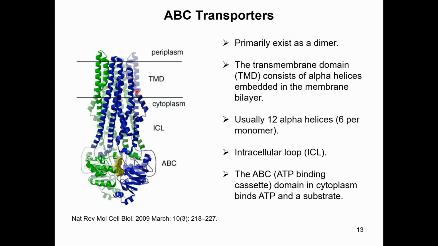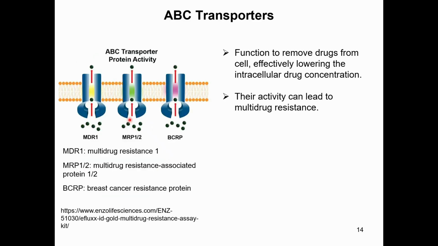They have transmembrane domains, and then a number of domains inside the cell, intracellular loops, and importantly, an ATP binding cassette. That's why they're called ABC transporters, because that's where ATP can associate with the transporter. When ATP is hydrolyzed, that gives the energy to drive things through the pore of the transporter.